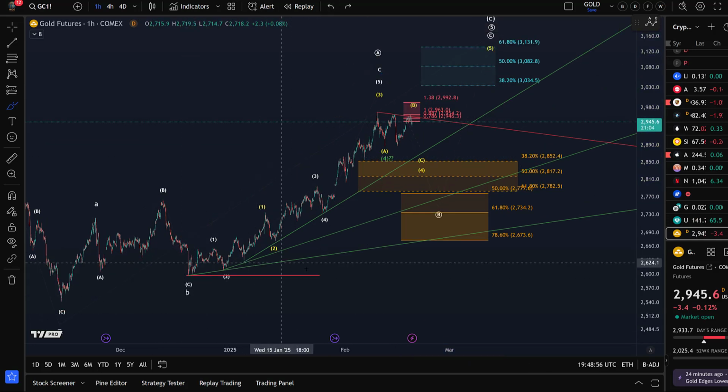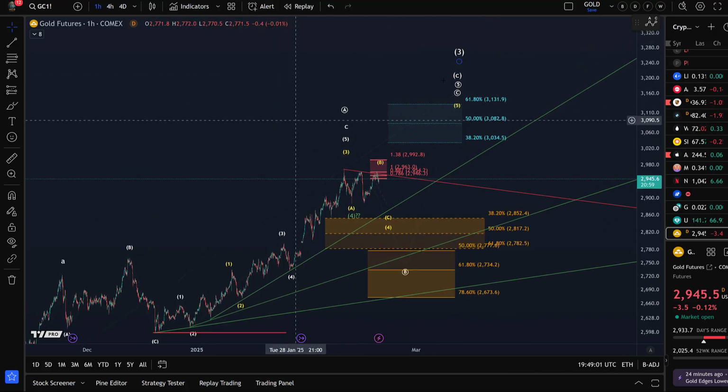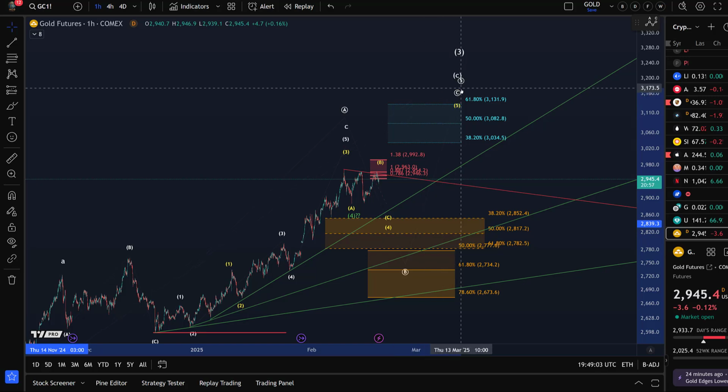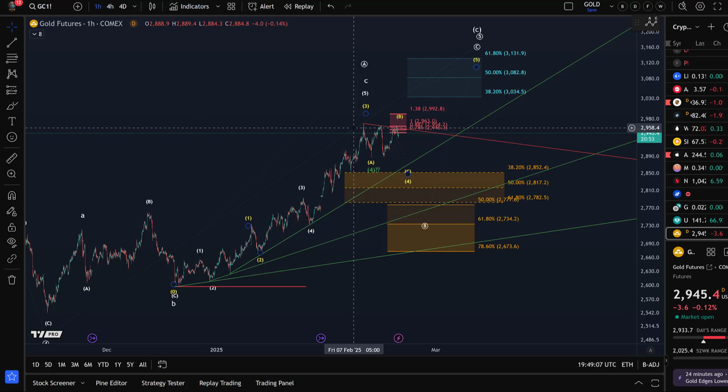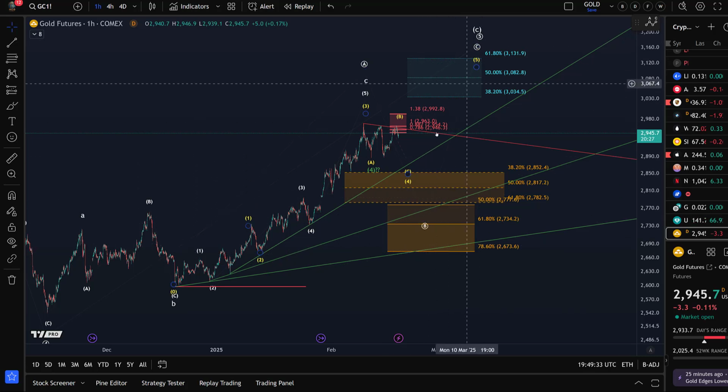Why ABC? Because the entire structure is a diagonal, so the larger degree fifth wave that's unfolding here would be an ABC structure. But in the white count, we only recently completed the A wave, and we're now in a B wave. And the B wave support sits around $2,670, which means the price at least must hold above 2,670 to still focus on this bullish scenario.